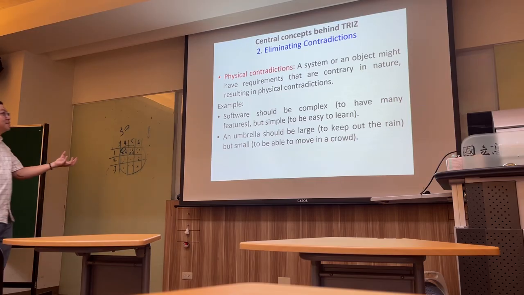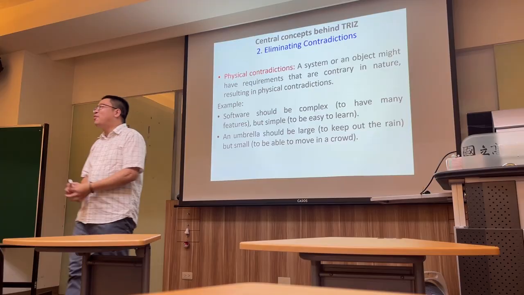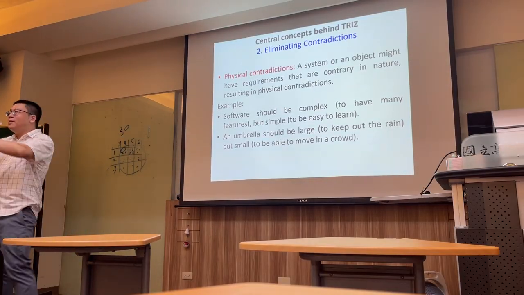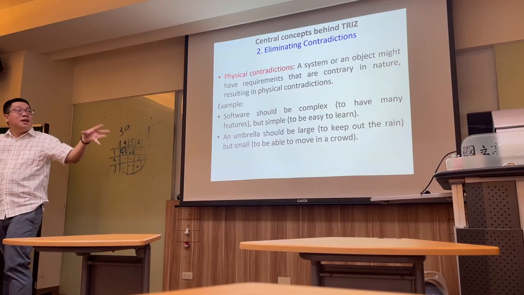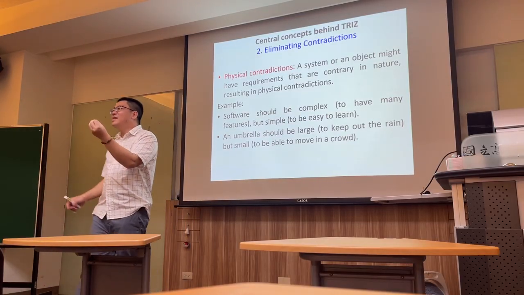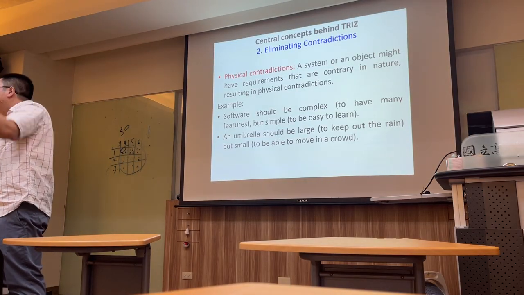Okay? Umbrella. You want an umbrella to be large, to keep you out of the rain. But at the same time, you want it small, because if it's large, it cannot be small.